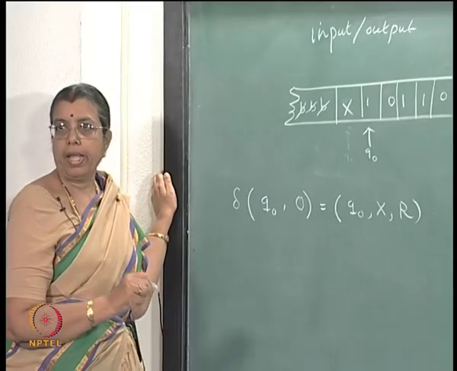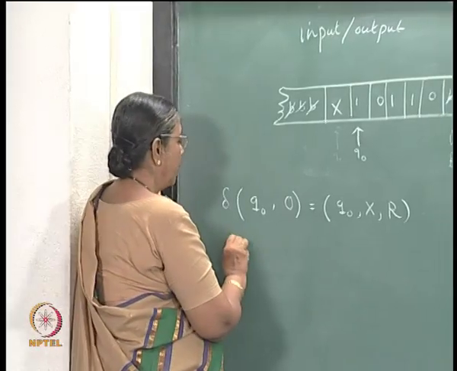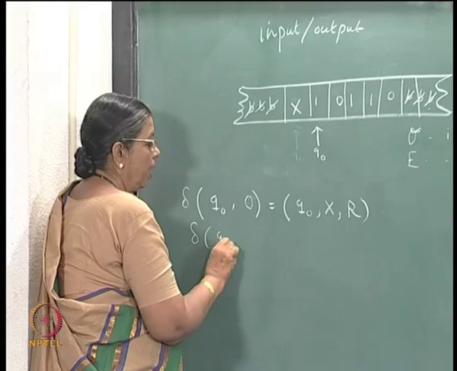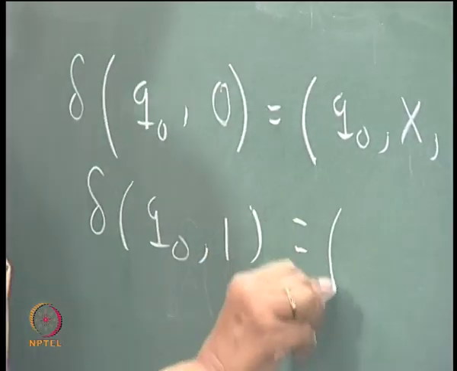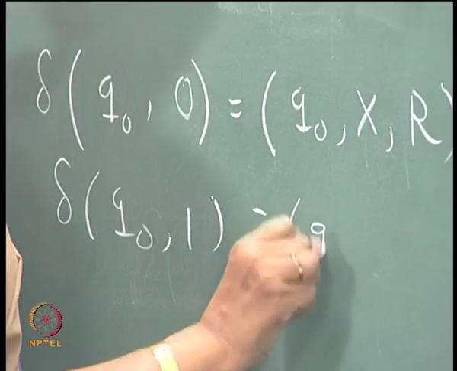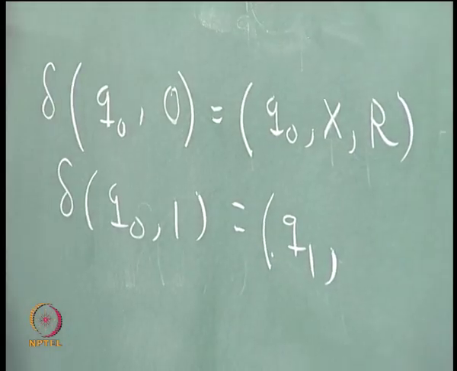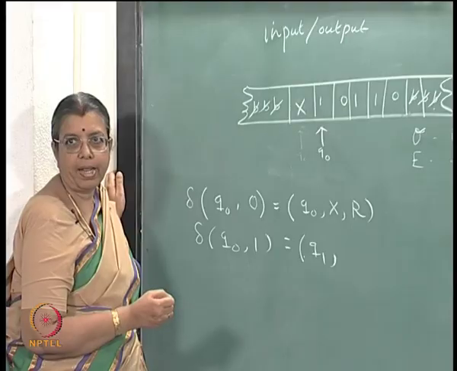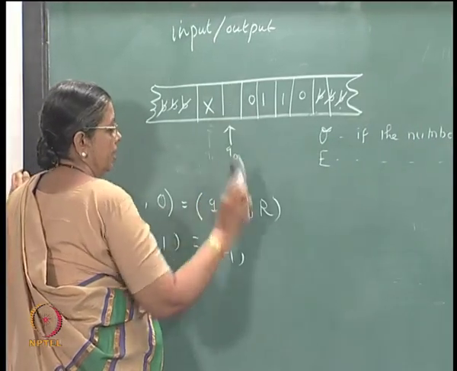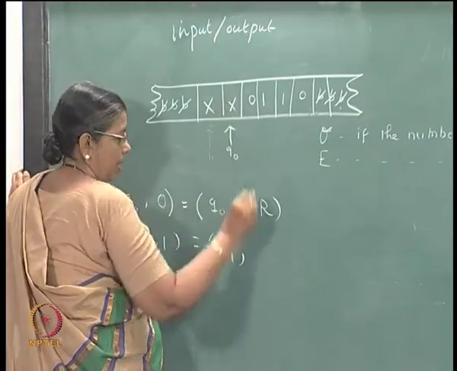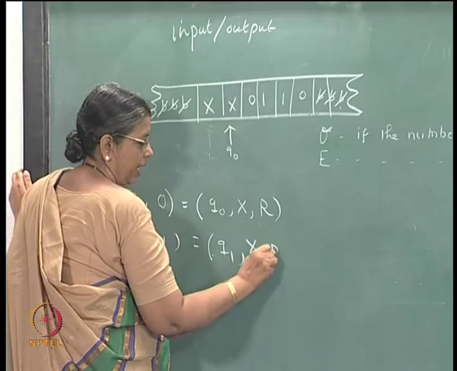In state q naught, if it sees a 1, it goes to state q1, prints an x and moves right.